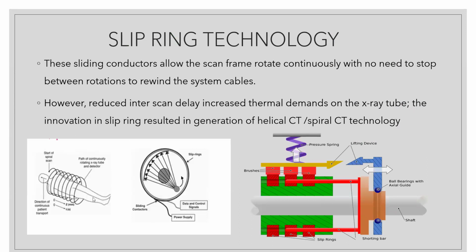These sliding conductors allow the scan frame to continuously rotate with no need to stop between rotations to rewind the system cable. However, the reduced interscan delay increased thermal demands on the X-ray tube. This resulted in the innovation of the helical or spiral CT.